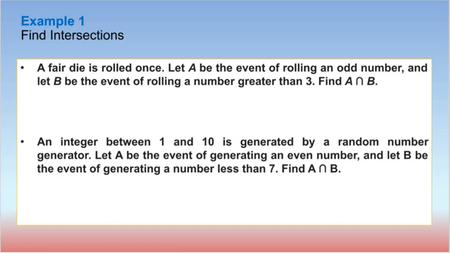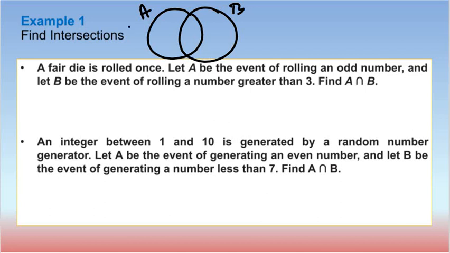Find A intersecting with B. So find the probability of A and B. If we do a Venn diagram very quickly, this is A, this is B. On a number cube, the odd numbers are 1, 3, and 5, and the even numbers are 2, 4, and 6. So we want to find out if there are any numbers that are in both A and B.